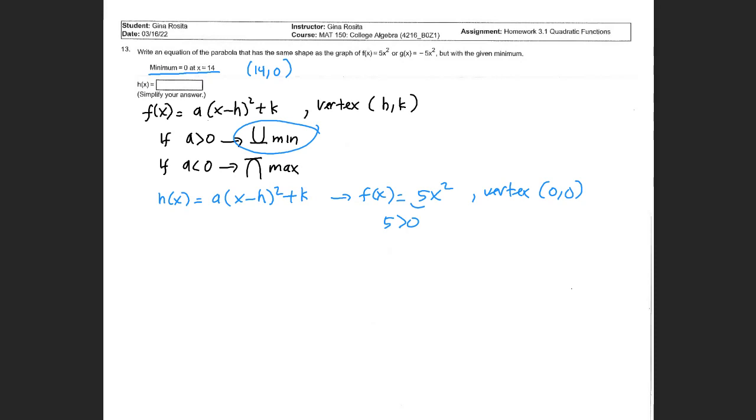Now f of x equals 5 times x minus 14 squared plus 0, because the vertex is 14, 0. We can simplify: f of x equals 5 times x minus 14 squared. That's the answer.